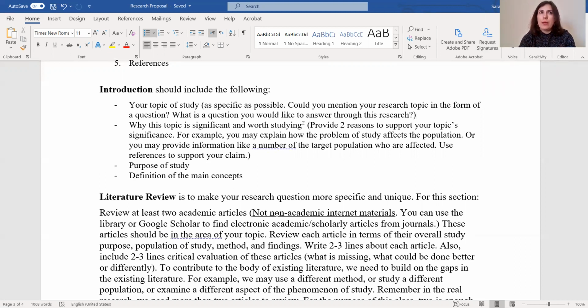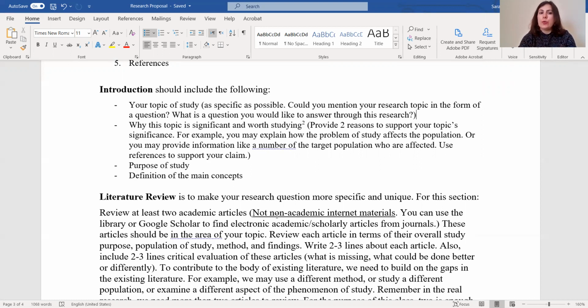This is very important because sometimes students think very broadly, and it's so important that you mention your research topic in a form of a question to make that more clear and specific. What is a question you would like to answer through this research?